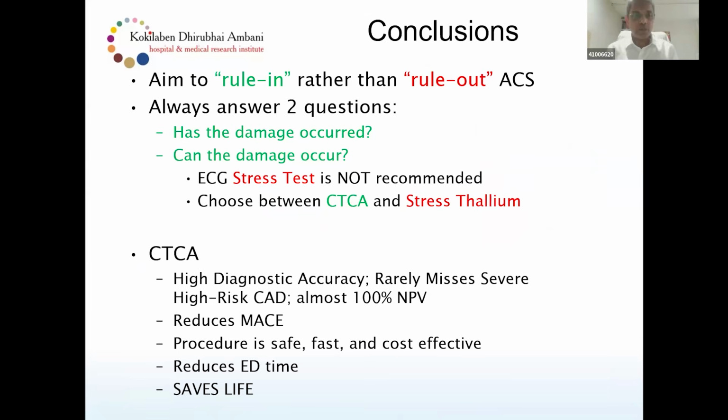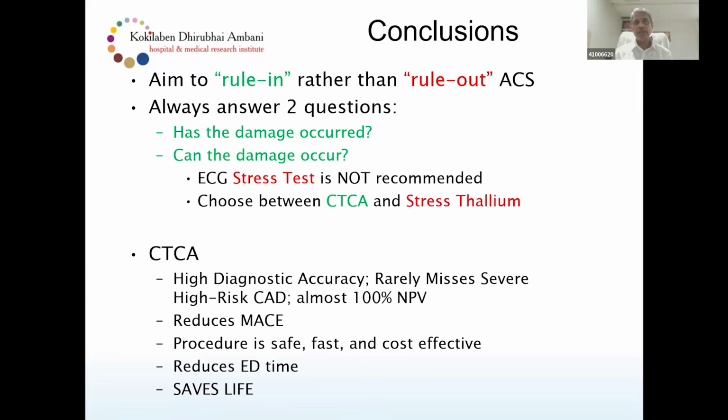So in conclusion, I would say that we should aim to rule in rather than rule out acute coronary syndrome. And we should always answer 2 questions: has the damage occurred? We can use ECG and troponins for this. But if ECG is normal and troponins are normal, we still have the second question remaining: can the damage occur? And that can be answered only by functional imaging or anatomical imaging.